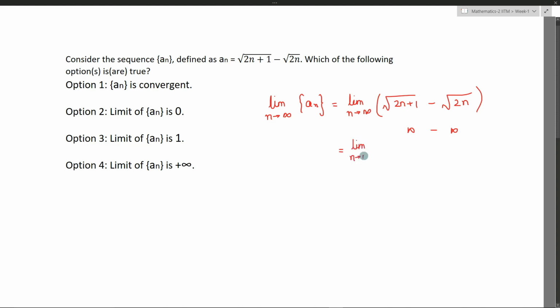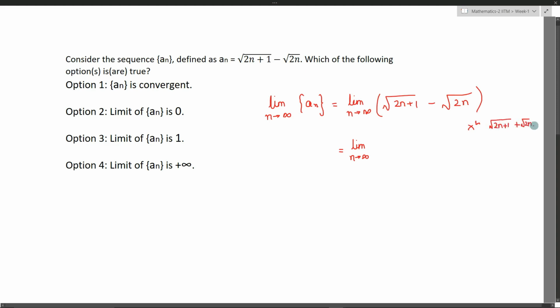Limit n tends to infinity, and if I rationalize, I'll multiply and divide by root of 2n plus 1 plus root of 2n. So the numerator will be in the form a square minus b square. So I'll have 2n plus 1 minus 2n, whole divided by square root of 2n plus 1 minus square root of 2n, whole square.